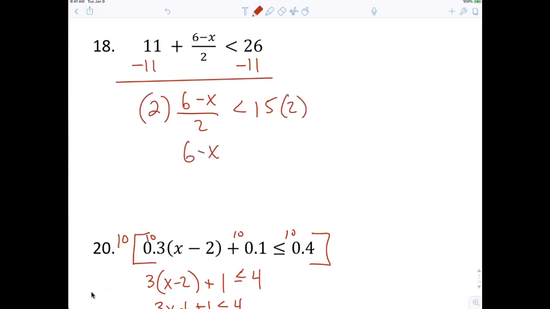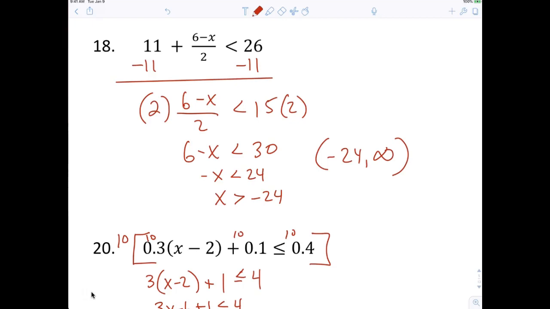So 6 minus x is less than 30. Now subtracting 6, negative x is less than 24. Negative means you change the signs. X is greater than negative 24. If you're greater than negative 24, that means you're going from negative 24 to infinity.